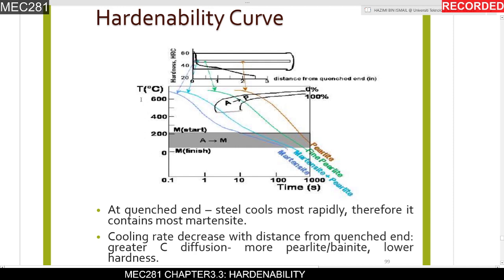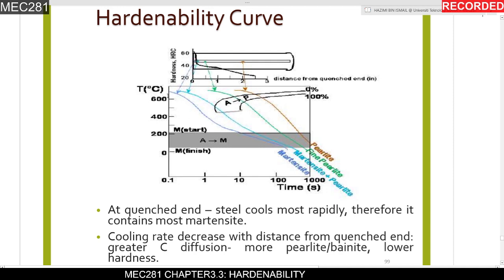And then the y-axis shows the temperature of the material itself. Let's say here, it starts at around 700 degrees C, and then it reduces to a certain point, it stops cooling.